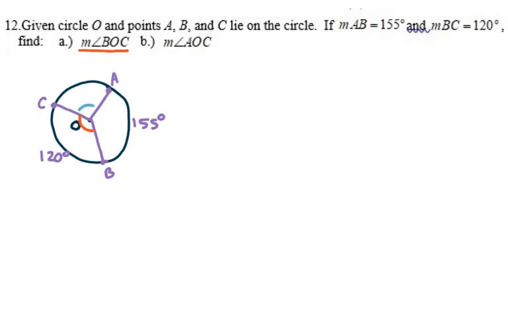So if I take a look first at my red angle that I want to find, BOC, I know for part A that when I'm dealing with central angles, the angle is equal to the arc. That's the only piece of information I need to know here. So therefore, since I know my arc is equal to 120, my angle must also equal 120 degrees. So the measure of angle BOC is equal to 120 degrees.